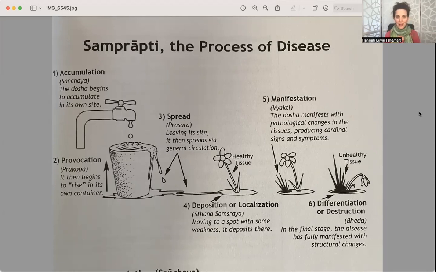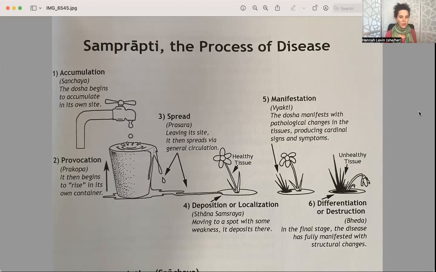Pitta is made up of fire and water: hot, sharp, bright, spreading. And Kapha is made up of earth and water: heavy, dull, static, cool, soft, cloudy. When we understand those qualities, we can begin to see how they show up in our experience.